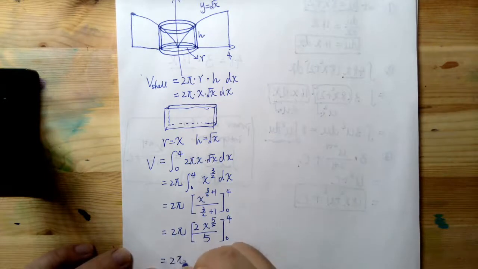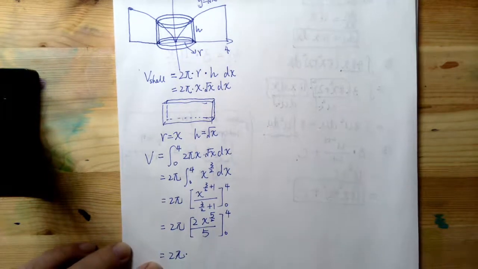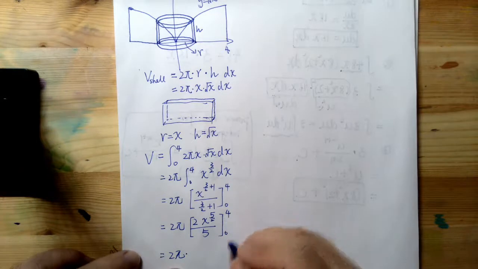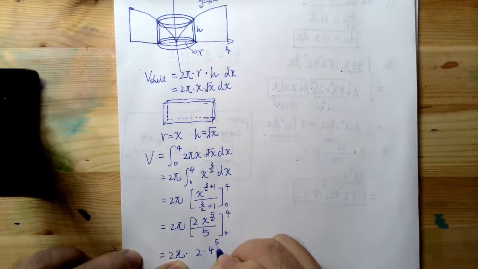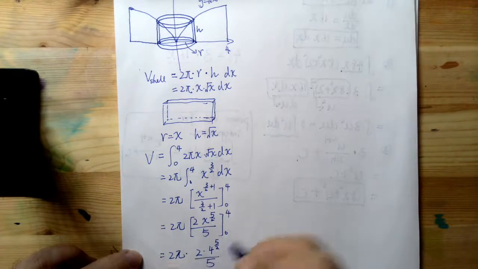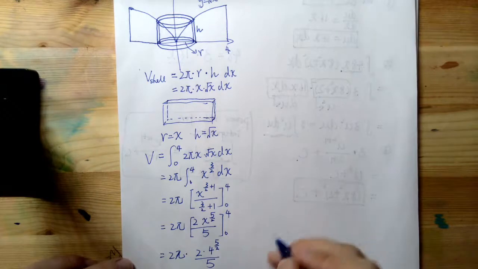This is 2 pi times, just plug 4 in, 2 times 4 to the power of 5 over 2 over 5, and then minus 0.